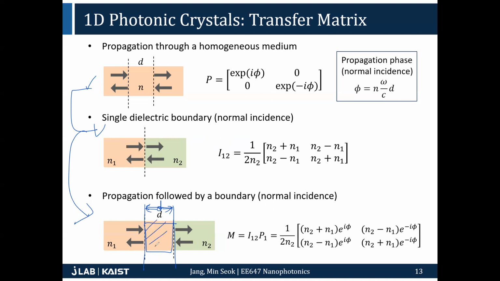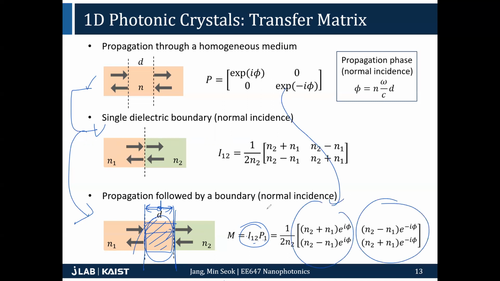In order to find the transfer matrix of this region, what we need to do is multiply these two, right? I12, P1. P1 is the propagation matrix, and I12 means the interface matrix. So propagation and interface multiplied give you the overall response.